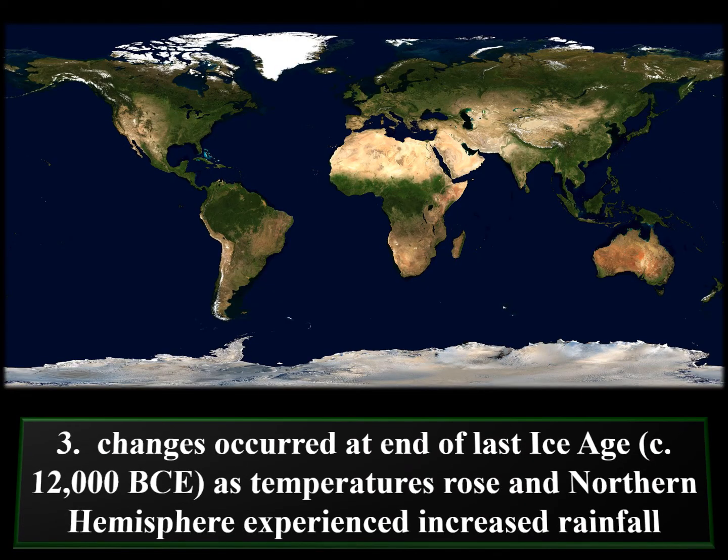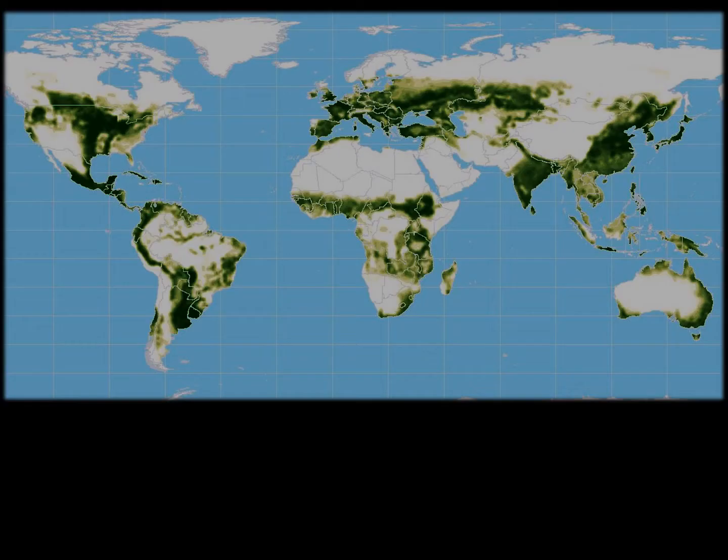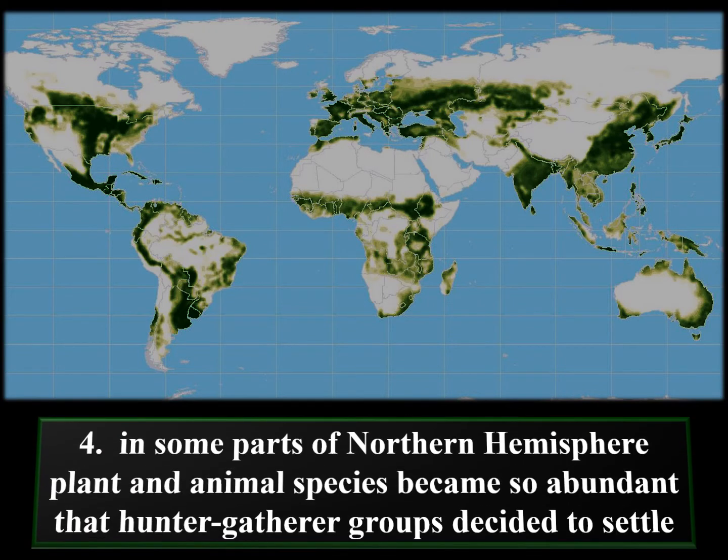Changes occurred at the end of the last ice age, around 12,000 BC, as temperatures rose and the Northern Hemisphere experienced increased rainfall. In some parts of the Northern Hemisphere, plant and animal species became so abundant that hunter-gatherer groups decided that they could settle down. They no longer had to move to follow the herds.